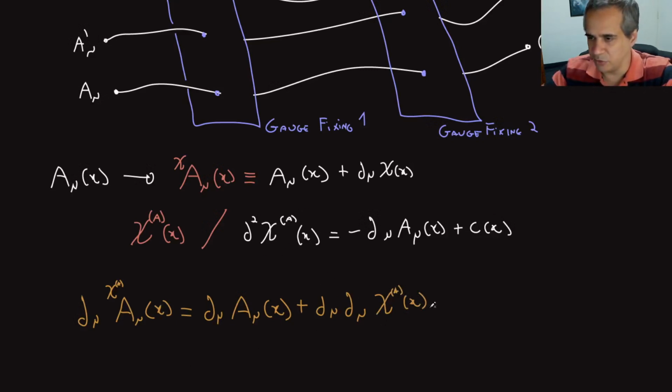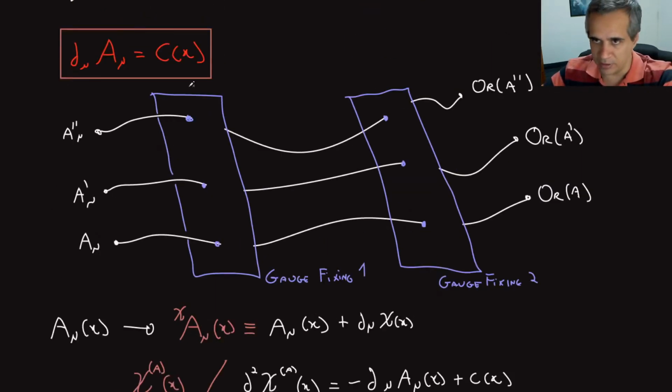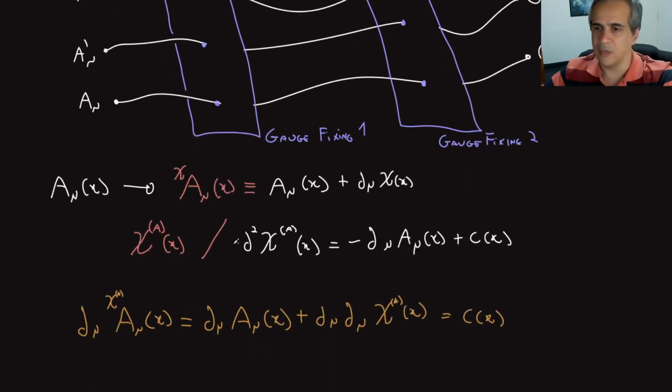I can substitute, and this minus del mu A mu will cancel with this one, and this is just c of x. So this is the particular value of chi that puts me in the plane for this gauge fixing. So I use these two variables.